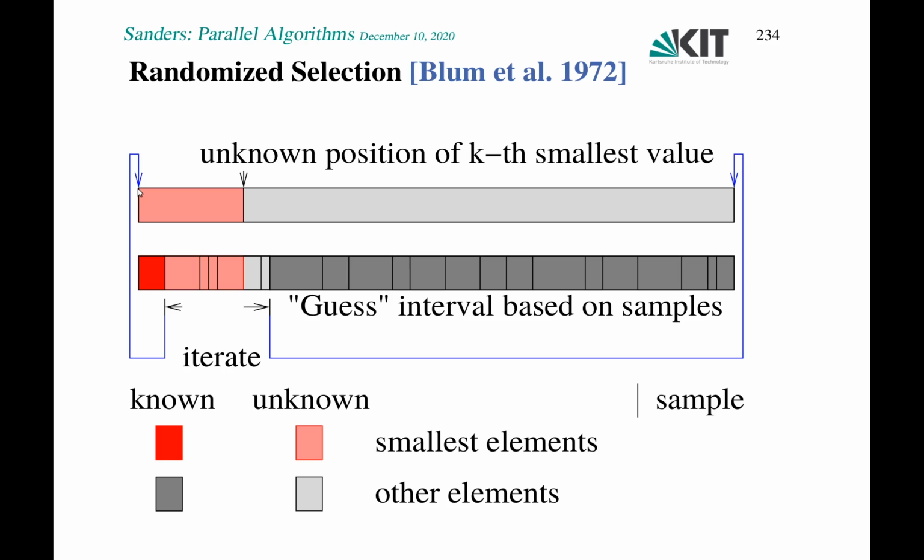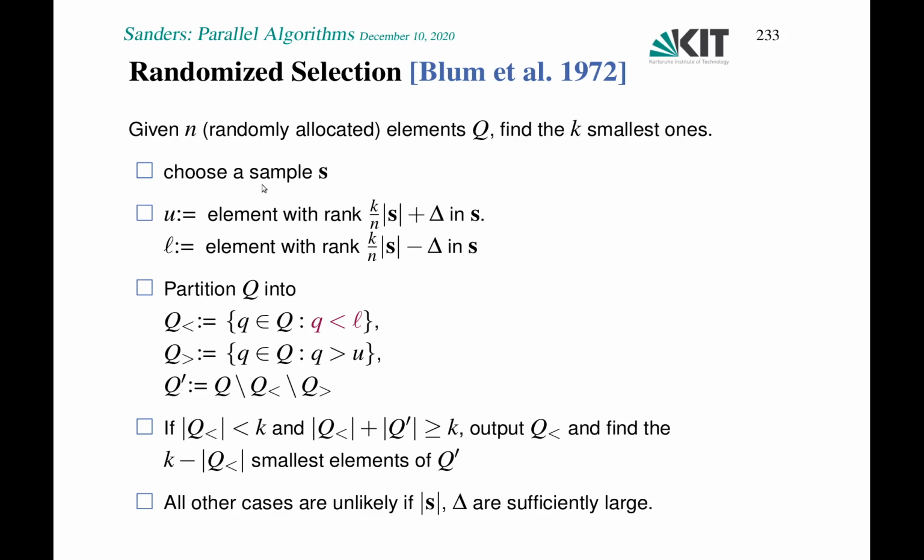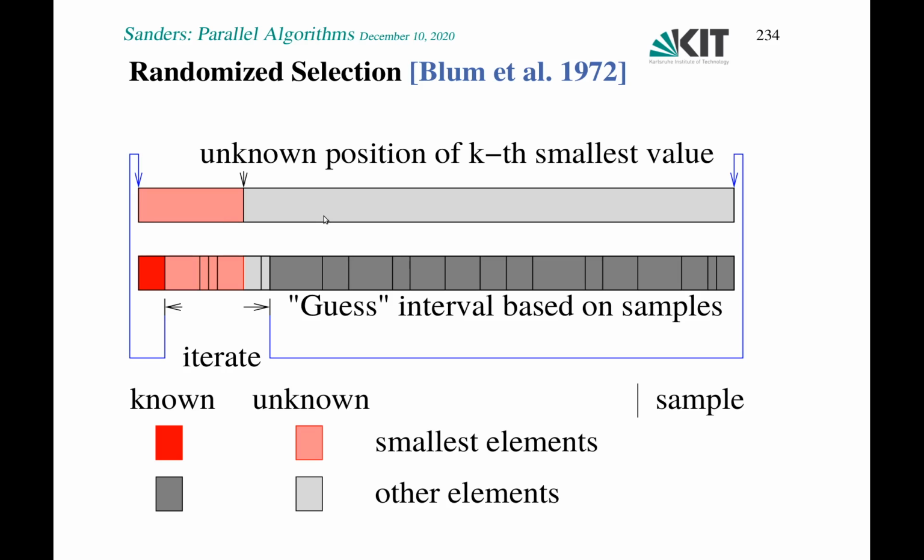Now, this sample element with rank k over n times the size of S in the sample has in expectation just the right rank in the global input, right? So the black lines are the sample elements.